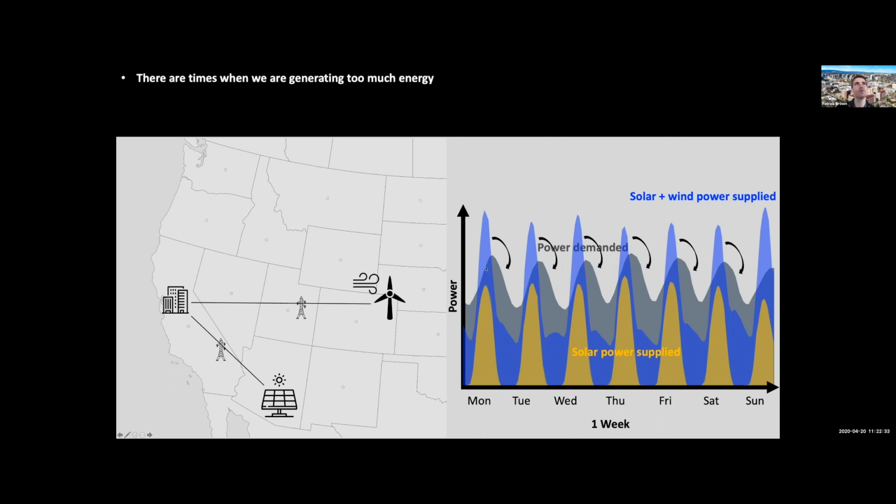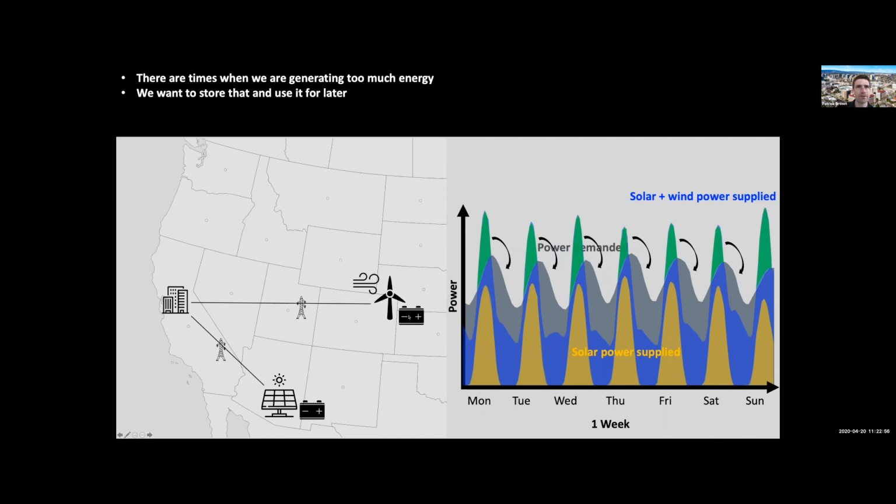But if you are able to store this energy, so pump this energy into batteries, for example, then you could move it to later times in the day when you don't have enough energy. So that's one of the major things, is you want to be able to store this for later use.